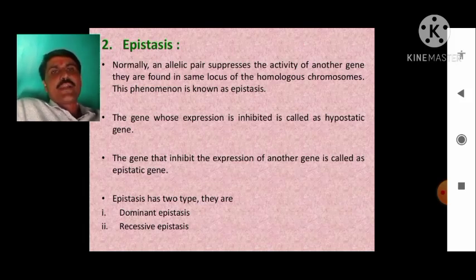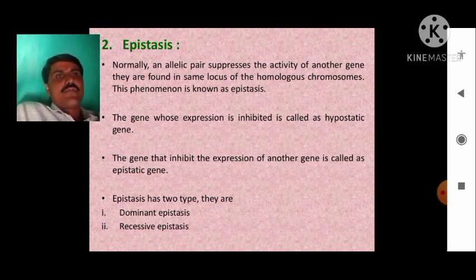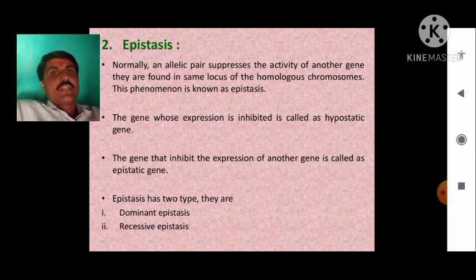Now, the gene whose expression is inhibited is known as the hypostatic gene, and the gene that inhibits the expression of another gene is called the epistatic gene. Look out at these two terms, hypostatic as well as epistatic.